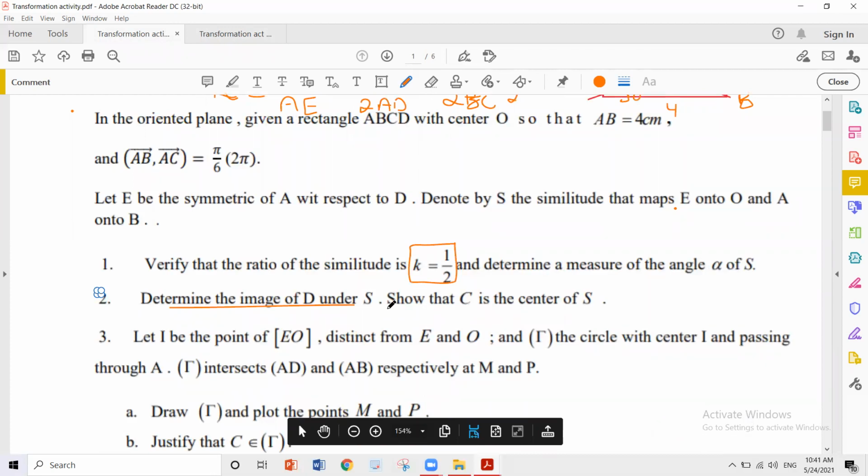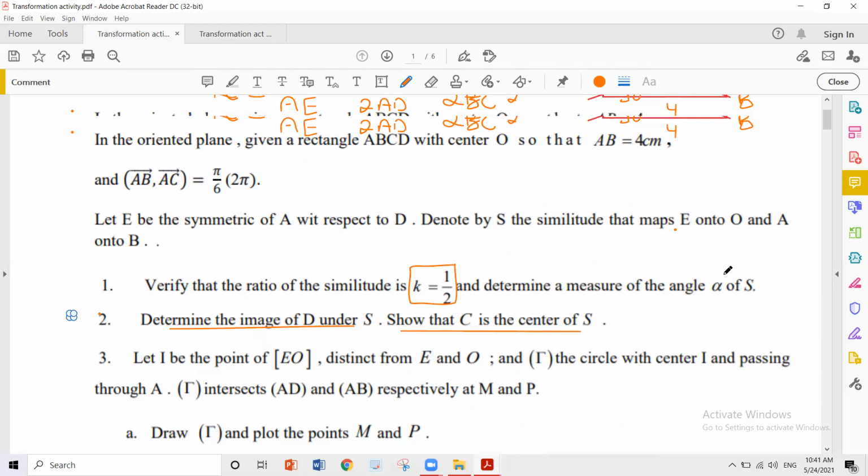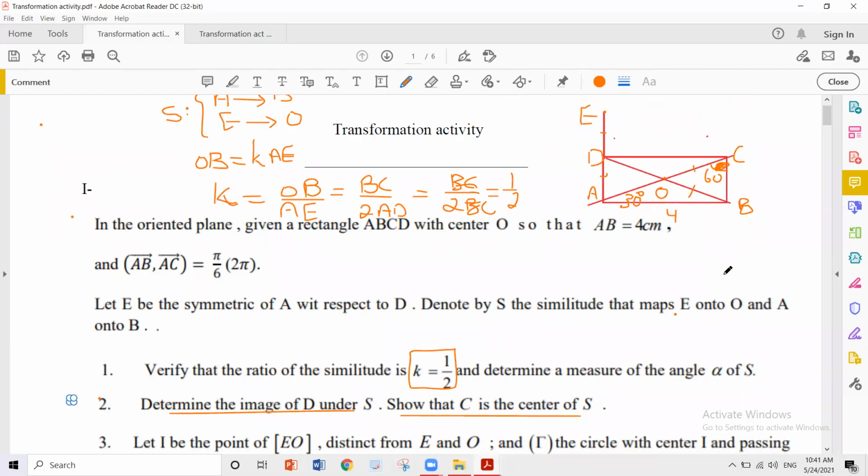Show that C is the center of S. How to show C is the center? What is the image of the center?